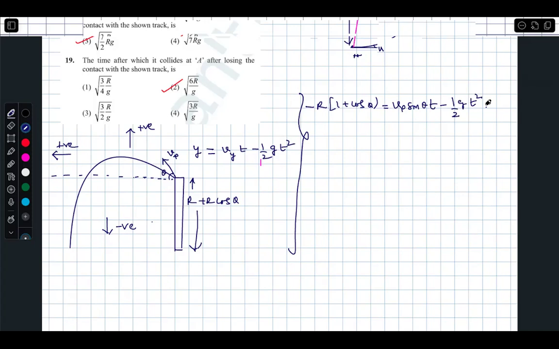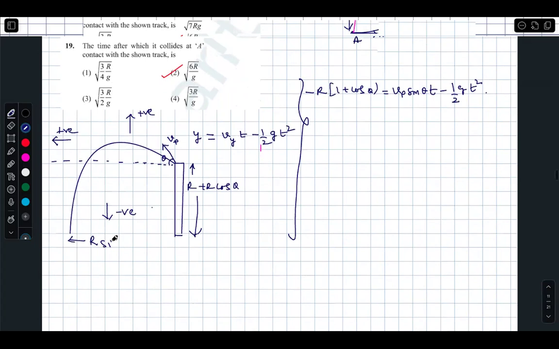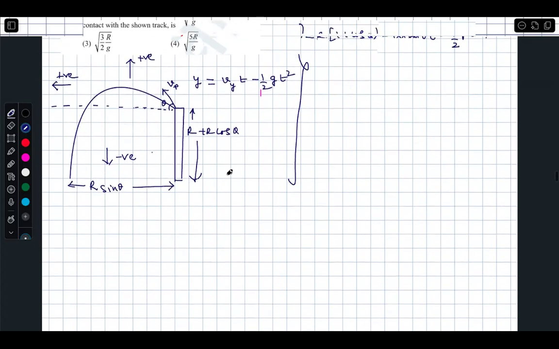That's the relation. Next, one more important point. At that point, we know Vp already. When contact is lost, what is happening? Horizontal condition is, this is r sin theta from the graph. So what is x?